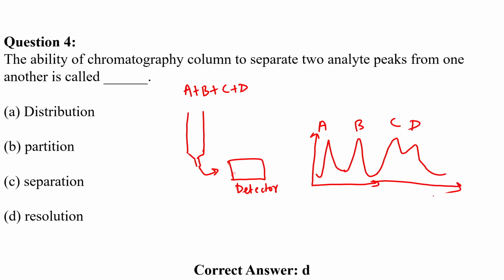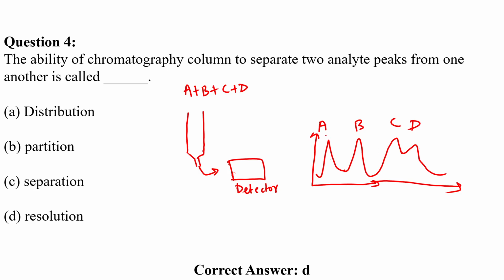Just extend this. So here what we can see, each peak represents each component. So we have a peak representing component A, then a peak representing component B, then peaks representing C and D. Now if you see, the peaks A and B are well resolved.